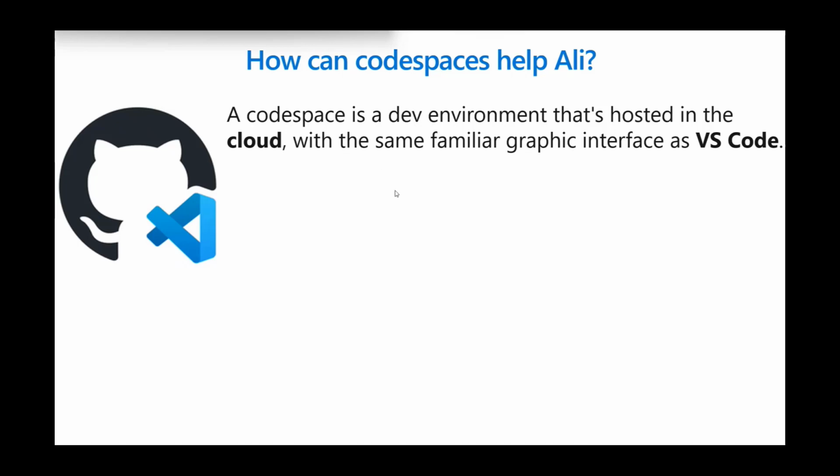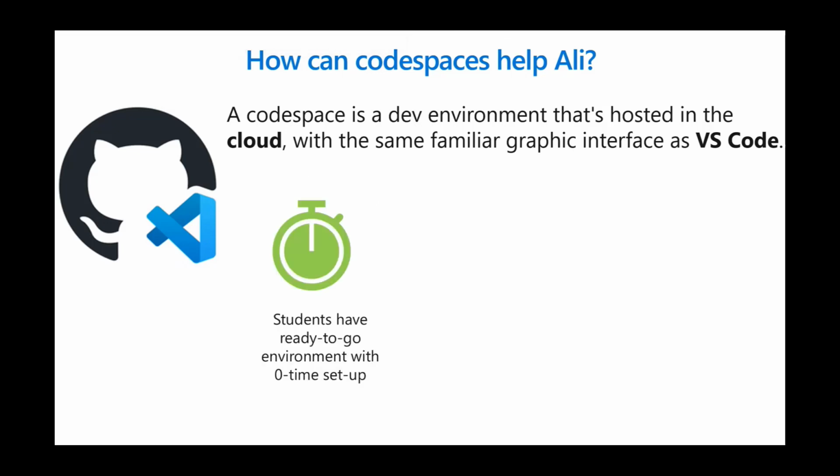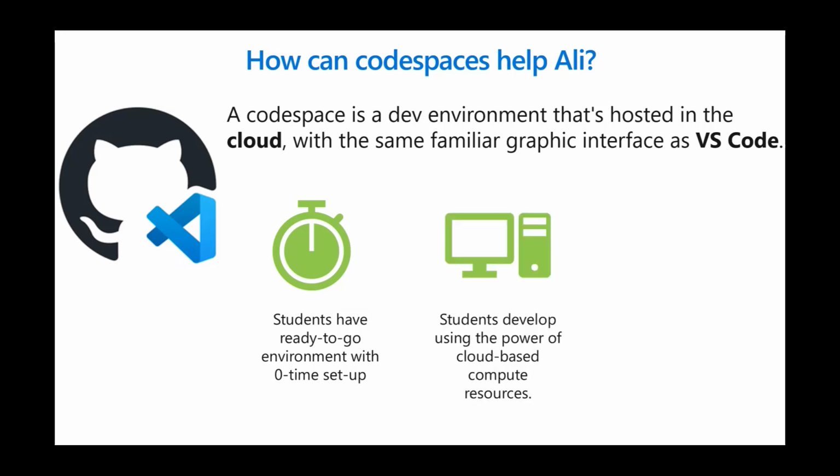So the result of using Codespaces for Ali is that students will have a ready-to-go environment with almost 0 time setup, and all the pre-processing steps to configure an environment will be transparent to them. GitHub Codespaces run on a variety of virtual machine-based compute options hosted by github.com in a range from 2 core machines to up to 32 core machines.